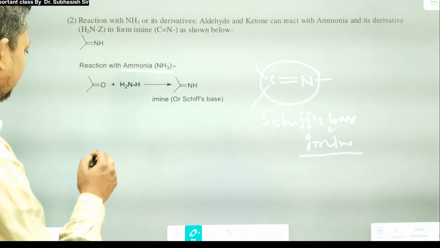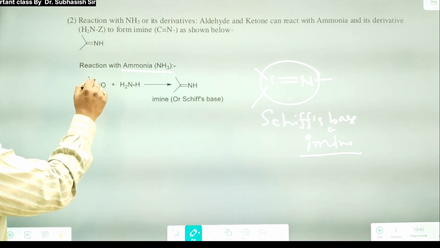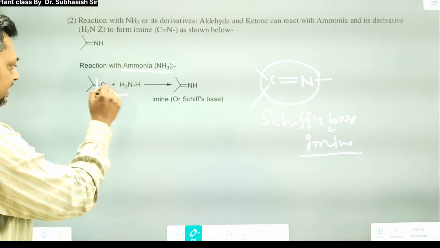Here, don't write it in the exam like this.